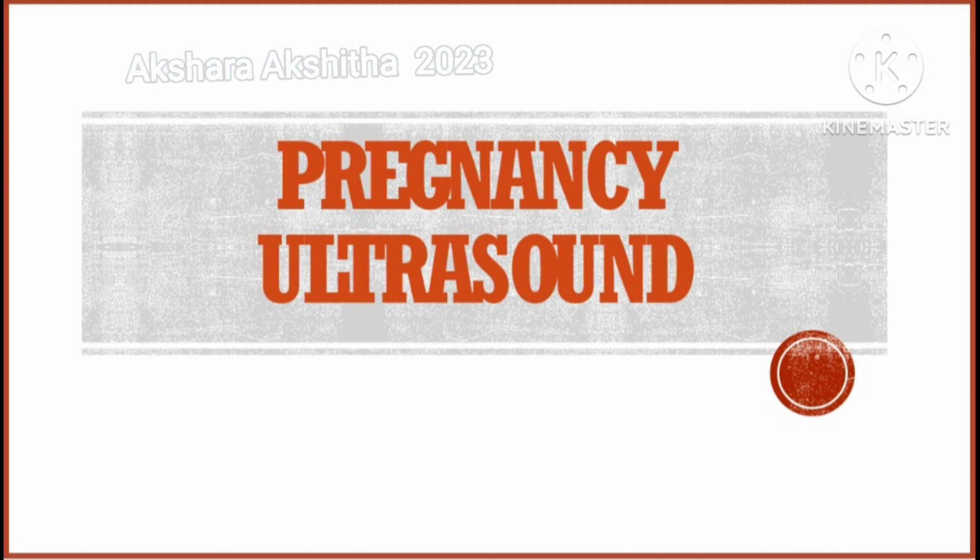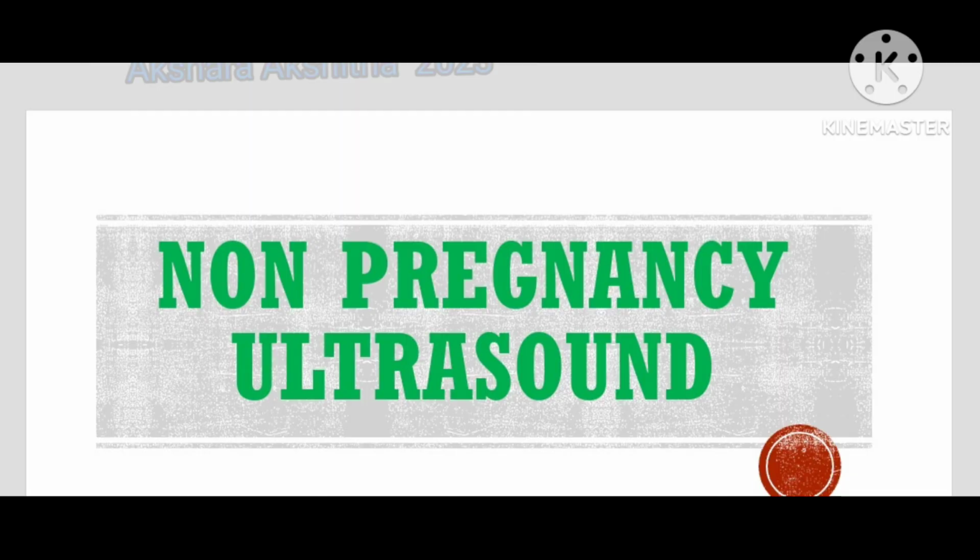Next let's see non-obstetrical pregnancy codes. So 76856 is for complete evaluation of female pelvic anatomy. Okay, here also we have a re-evaluation code, 76857. So 76857 is for re-evaluation of one or more pelvic abnormalities previously demonstrated on ultrasound.